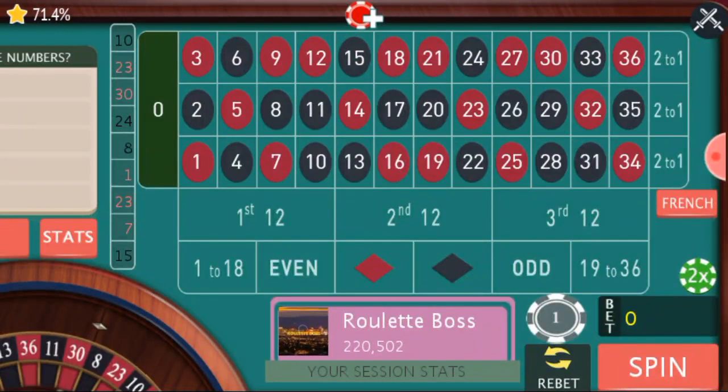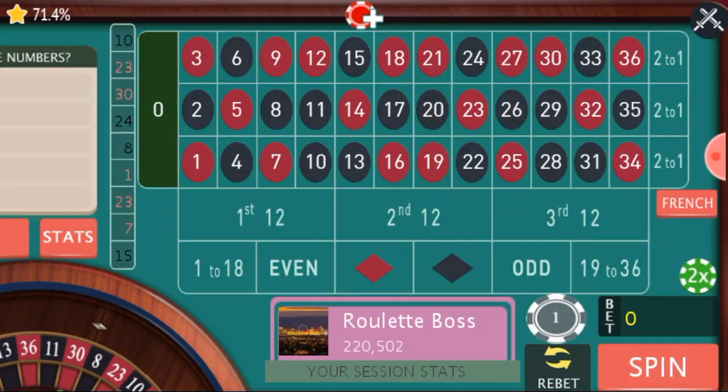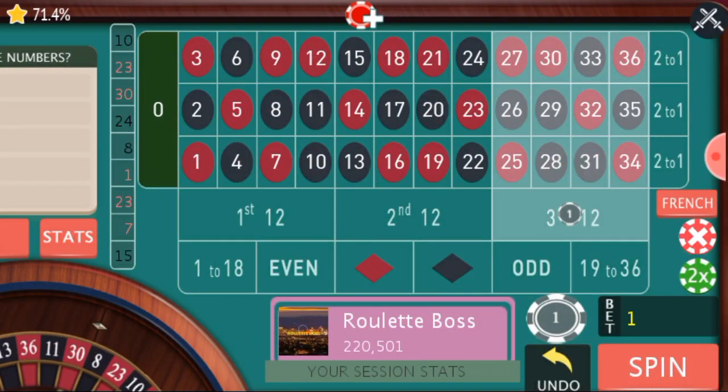So now I told you when you have a hit on spin number 3 that you are going to keep your bets the same. Now if you have a hit on spin number 1 or spin number 2 and you're not breaking even or not in profit, you are going to minus 1 unit from your bet and continue the count. So we had a hit on spin number 2. Our last bet was using 2 units. We are going to minus 1 unit from our bets and continue the count.